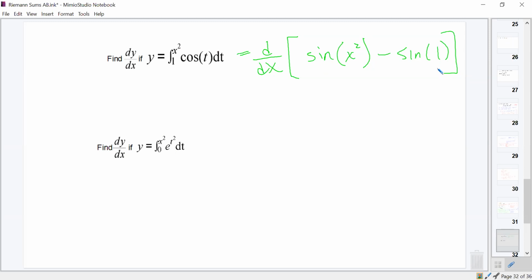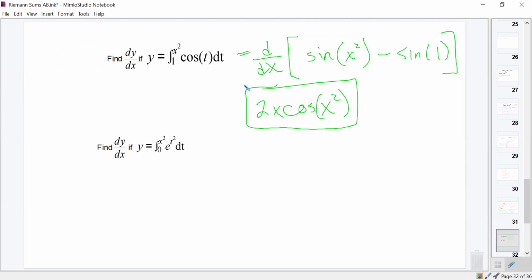So sine of 1 is just a constant. So when I take its derivative, it's 0. But how do I take the derivative of the sine of x squared? I have to use chain rule, right? So the derivative of sine of x squared is cosine of x squared times the derivative of x squared. So 2x cosine x squared.